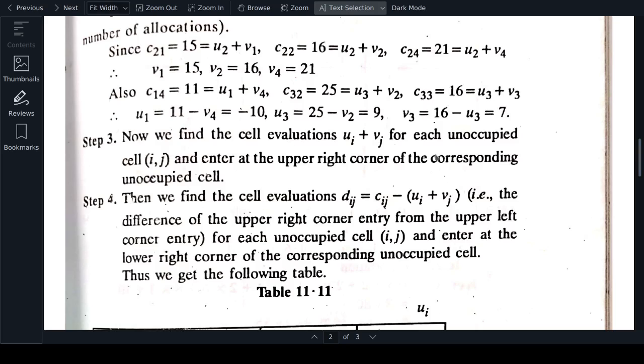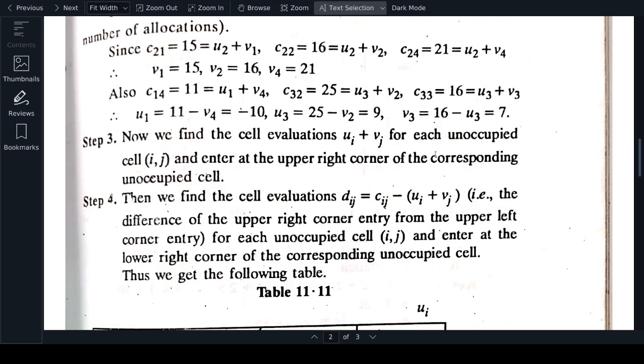So Cij we know and Ui and Vj we shall calculate, right? For this reason we need U1, U2, U3, V1, V2, V3, V4. U1 means first row, U2 second, U3 third, and V1 first column, V2 second column, V3, V4, right?